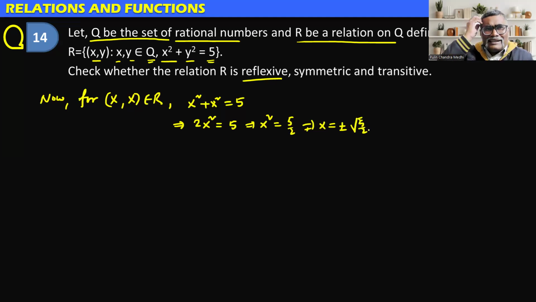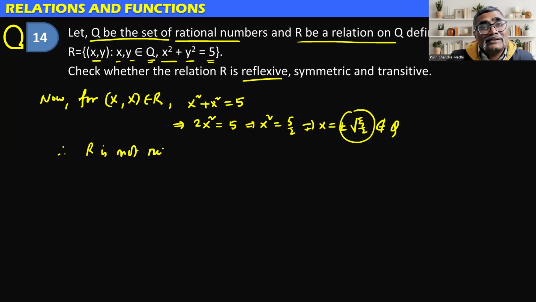This will be true for only this possible value of x if you talk about the reflexivity. But this value is not rational, it is irrational. That means I cannot get it. So you're right, this does not belong to this. Therefore, R is not reflexive. Reflexive नहीं हो सकता है.